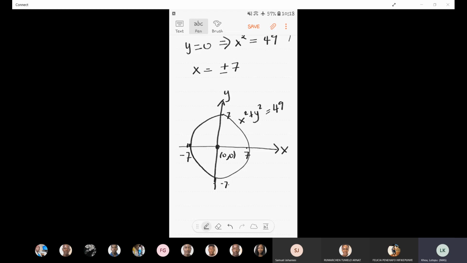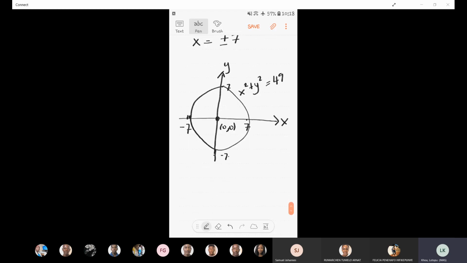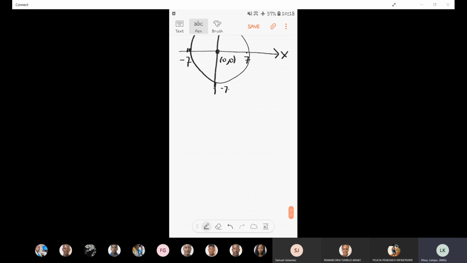Then number 10, let's see number 10. It's not also a circle? This is a circle, yes.